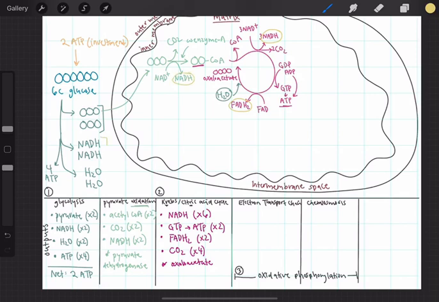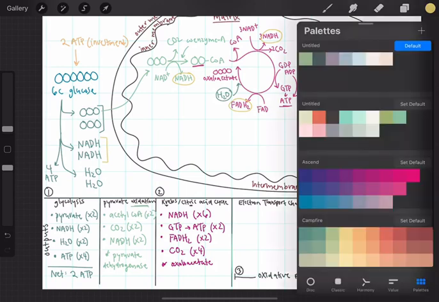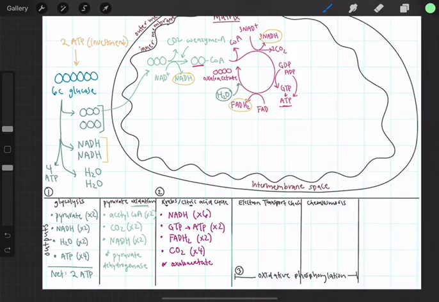What about these 2 NADH molecules sitting in the cytoplasm from glycolysis? NADH is a molecule that cannot enter or pass through this mitochondrial membrane. So what these NADH molecules have to do is that they have to donate their pairs of electrons that I'm drawing right here.